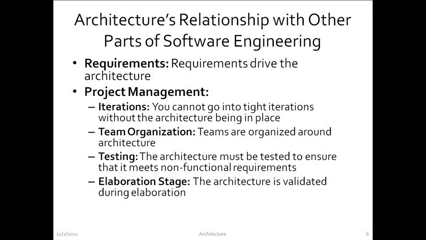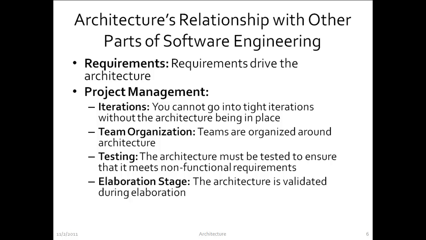Below are some of the tie-ins between architecture and the rest of software engineering. With respect to requirements, requirements obviously define what the right architecture should be. In other words, requirements drive the architecture. Let's take project management. For example, when you have agile processes, you cannot go into your tight iterations without having the architecture defined. Secondly, teams are often organized around architecture.